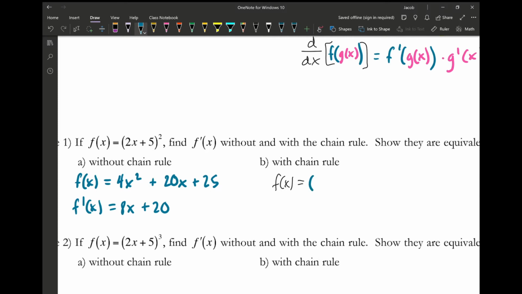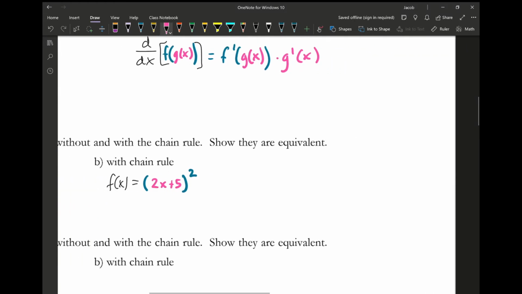So our outside function is that thing squared, and then the inside function is 2x plus 5. I'm not going to recopy the formula, but I am going to have that in the back of my head. We've done so many of these rules through the practice already that I hope this becomes just ingrained in the process for you.